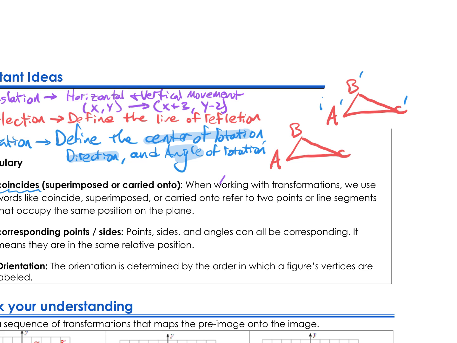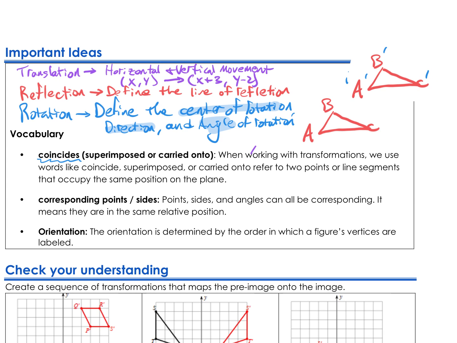So we might say, if you want to translate this or describe the translation, we can move this until, let's put this on top, the A corresponds to the A, or whatever it may be. And more often we'll have more going on. But coincides means two things line up.